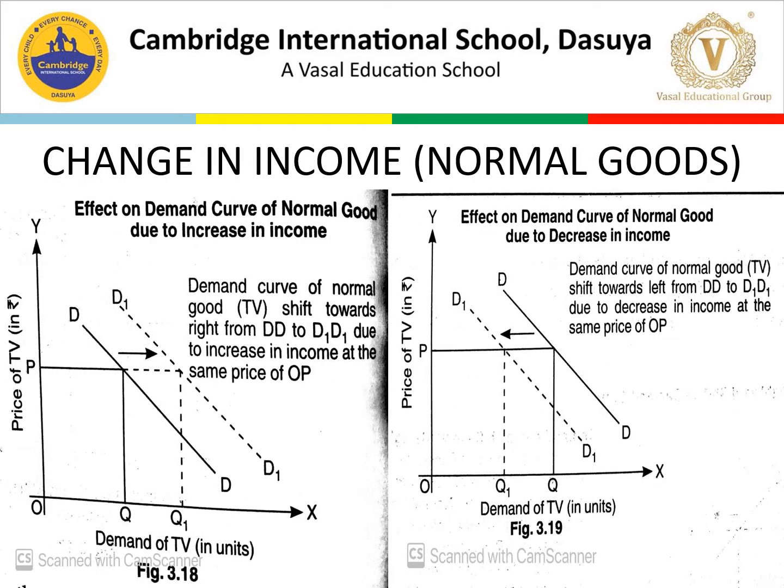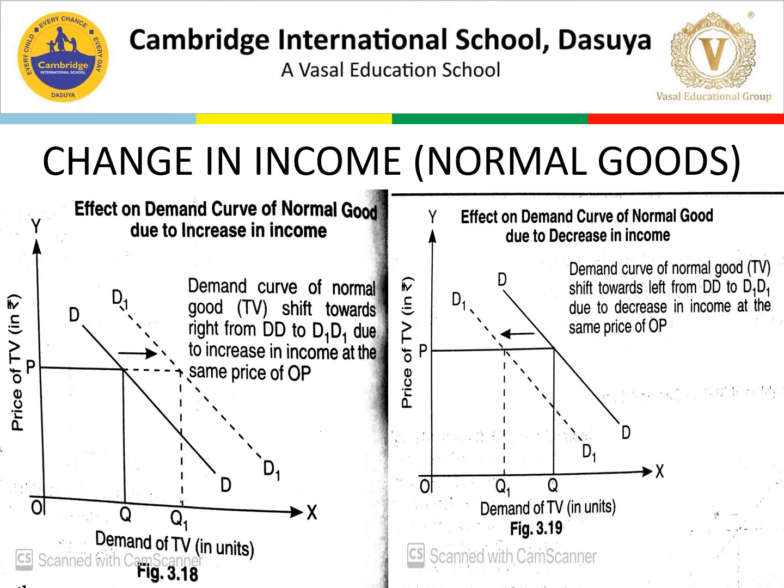First, the effect of income on normal goods: the effect on the demand curve of a normal good due to an increase in income. When income is increased, obviously the demand for normal goods is also increased.